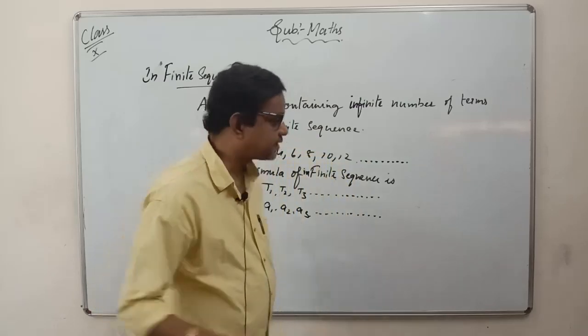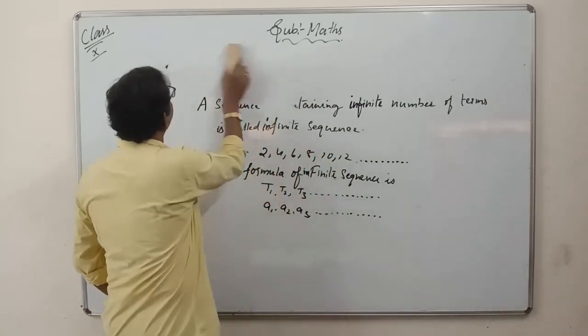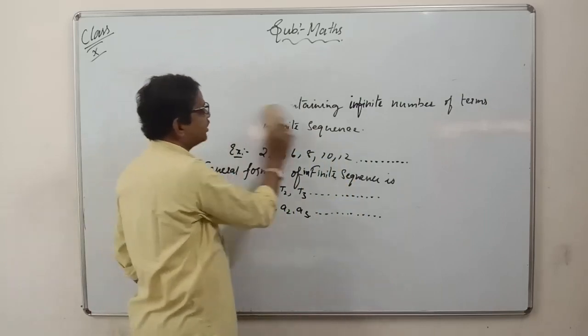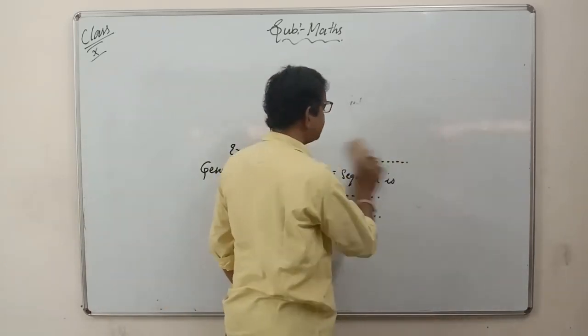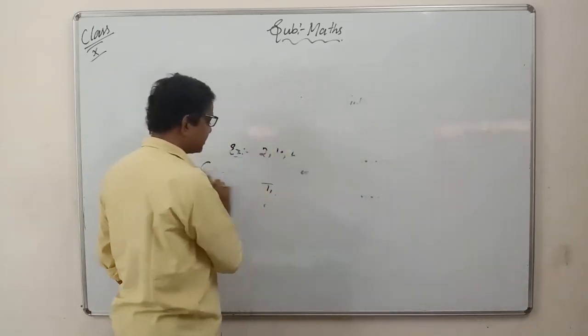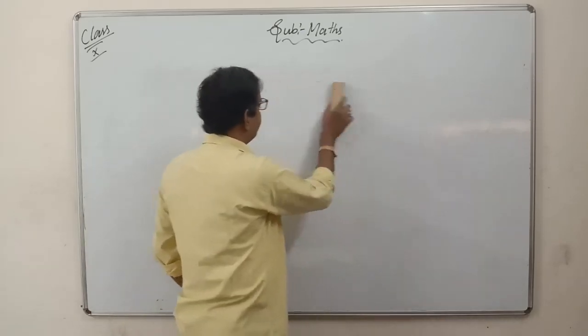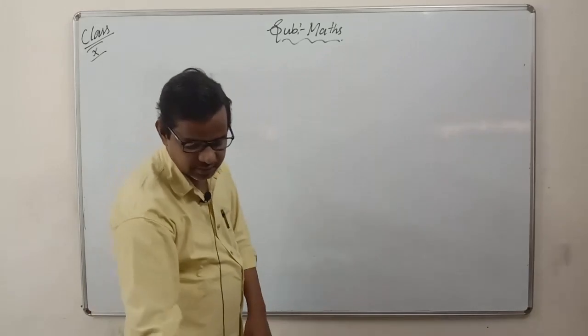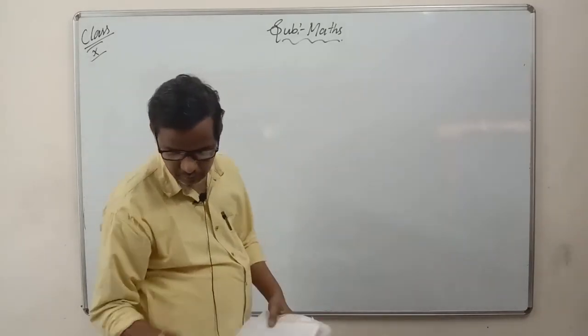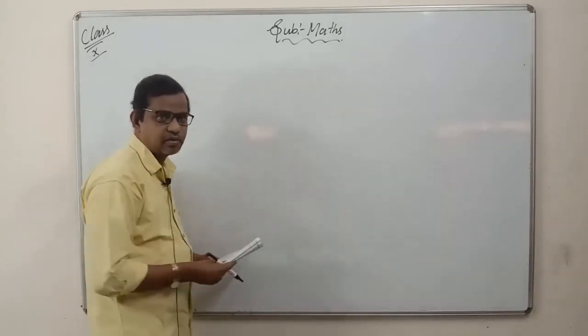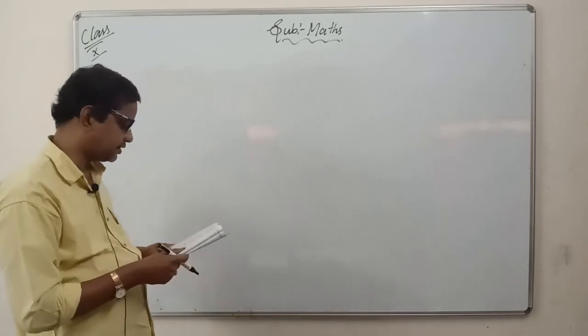If you solve one or two examples, you will come to know how we will find a sequence, how we will find the nth term of the sequence, or the number of terms which are present in the sequences here. So first, so that it will be easy for you to understand, let me give one or two examples.